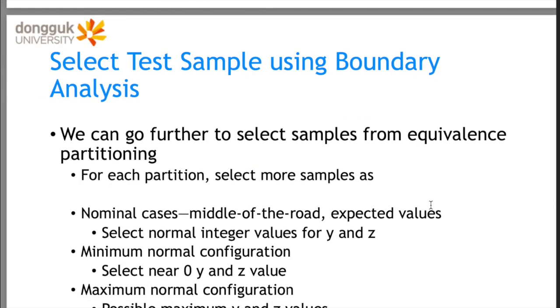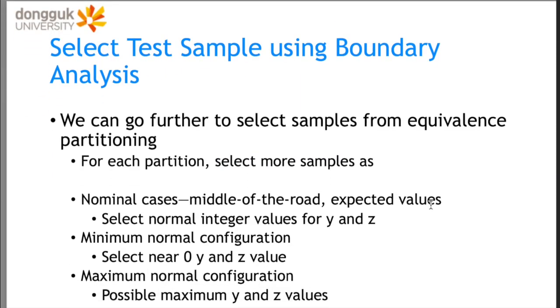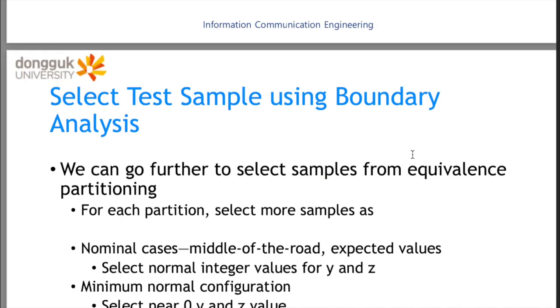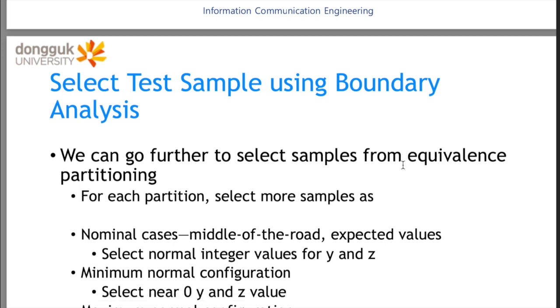And maybe you can use a more extended version of the equivalent partitioning. In this case, rather than applying two classes, maybe a positive one and a negative one, you can make cases for each class: nominal case, minimal, and maximal case. So for each partition you prepare three samples.